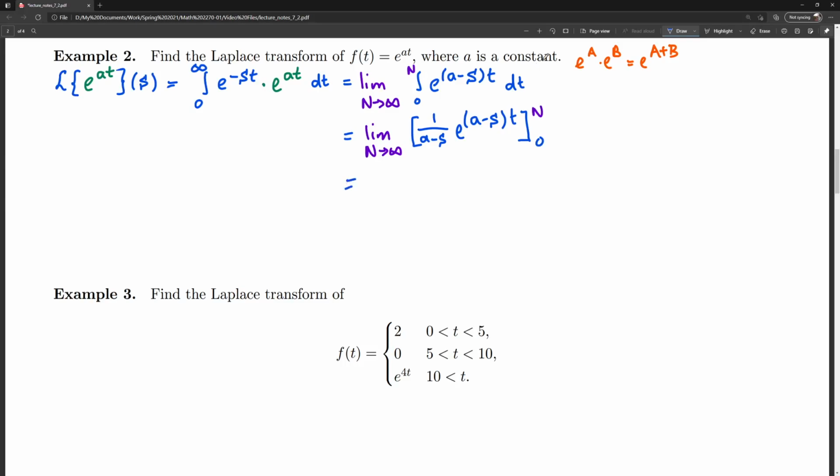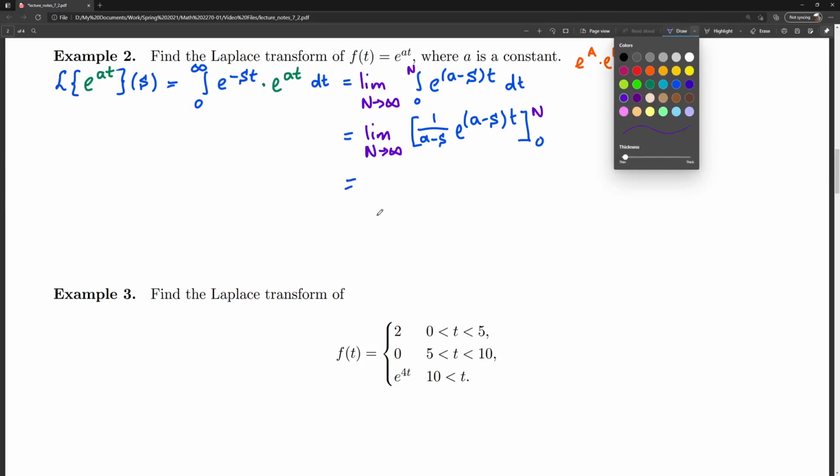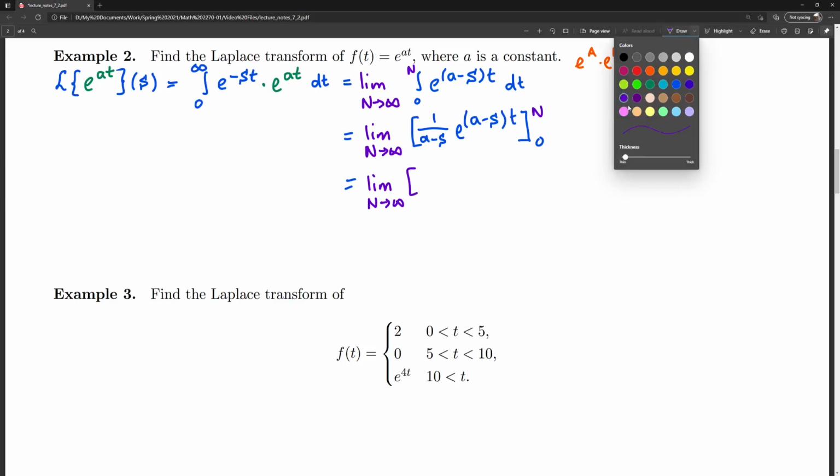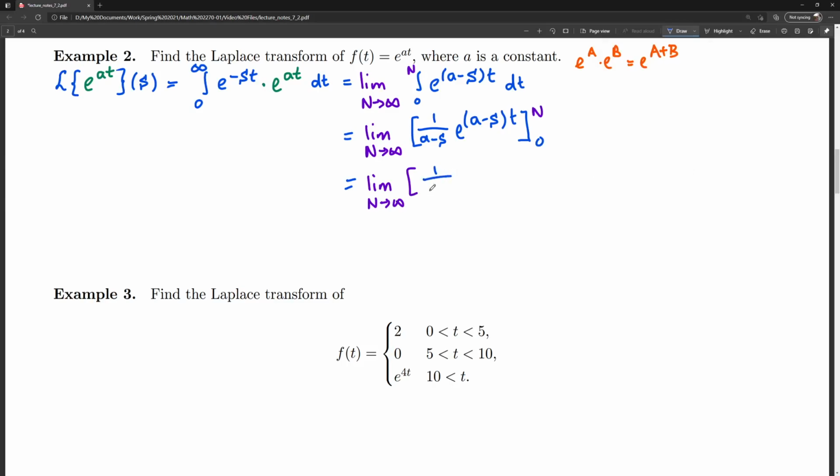And so this is equal to the limit as n goes to infinity of, and we'll only have to worry about the limit for the first part, because in the second part we're not plugging in an n. So we get the limit as n goes to infinity of 1 over a minus s times e to the power a minus s times n.